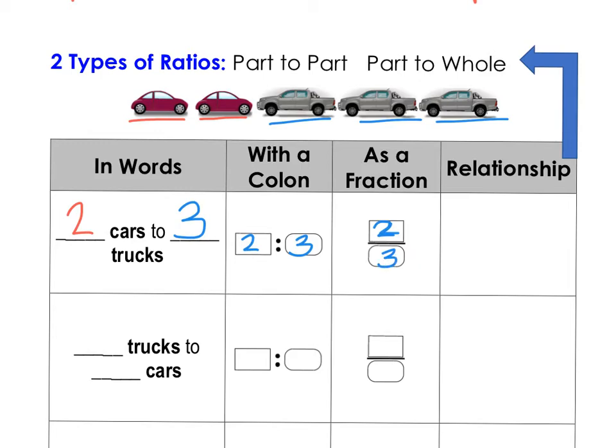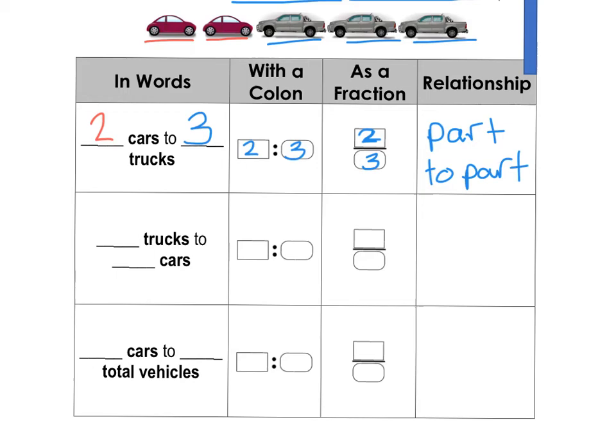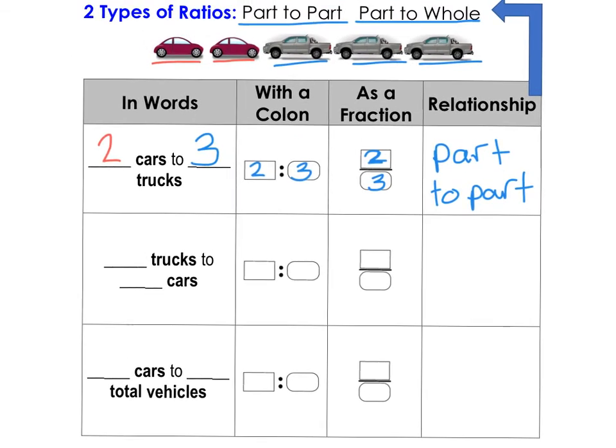And here, our relationship is either going to be a part-to-part relationship or a part-to-whole relationship. Now, because cars make up part of the picture and trucks make up the other part of the picture, this would be a part-to-part relationship here. Okay?